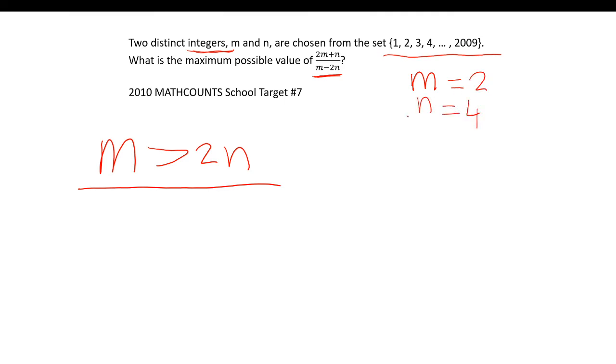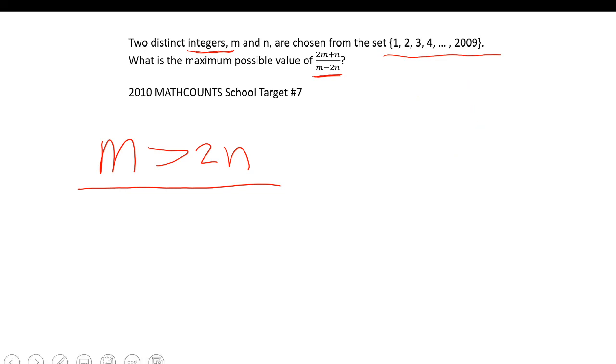Then when I substitute into this expression, I have m minus 2n, which is 2 minus 8, giving me negative 6, which is small. And then I divide, which makes it even smaller. So this inequality is true. We have to have m greater than 2n.